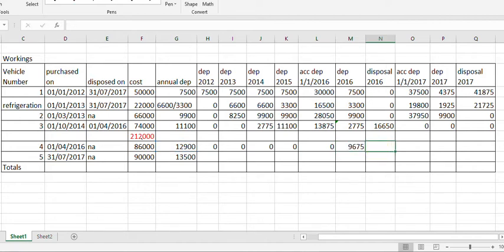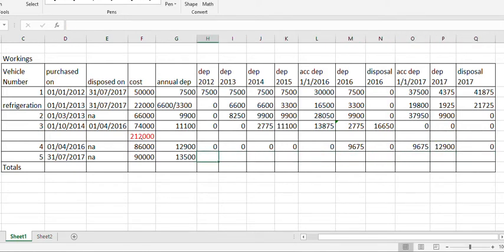No disposal. Accumulated depreciation, all we have is the 9675, and the depreciation for 2017 would be a full year, 12900, and we didn't dispose of it.